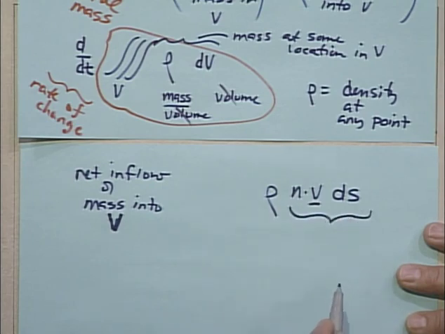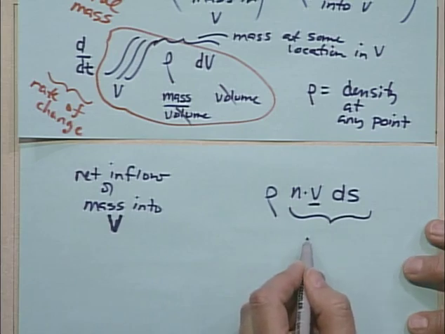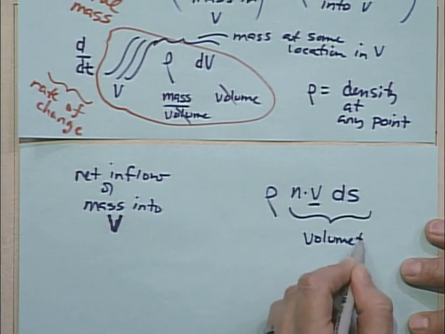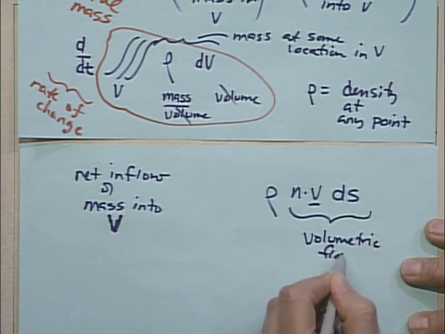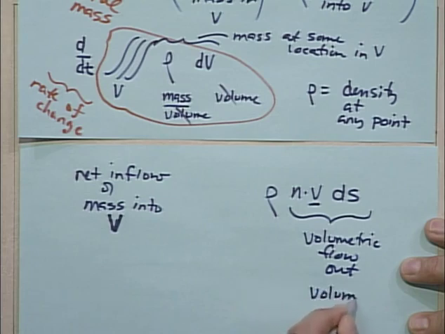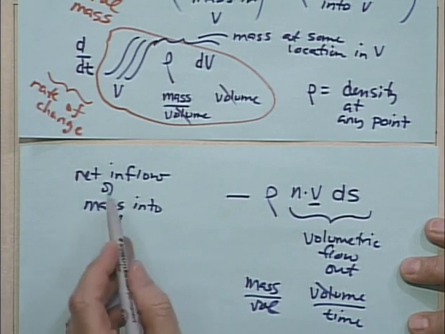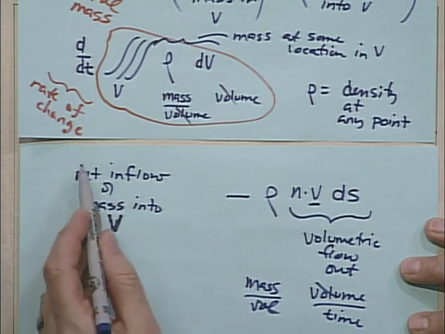I'll redo this on Wednesday since we're at the very end of class. But this is the volumetric flow rate out, so this is volume per time. This is mass per volume. So I have mass per time out. So the net inflow of mass, net, I didn't do net yet.